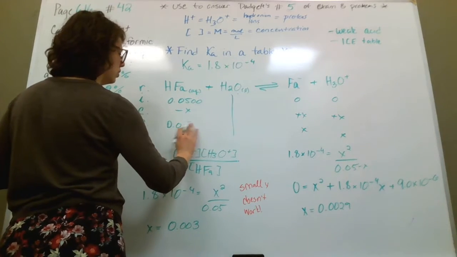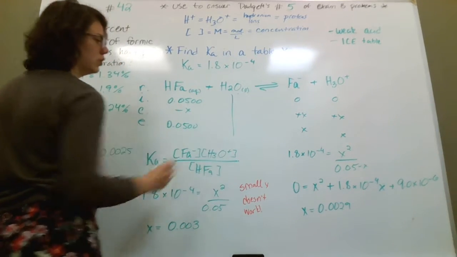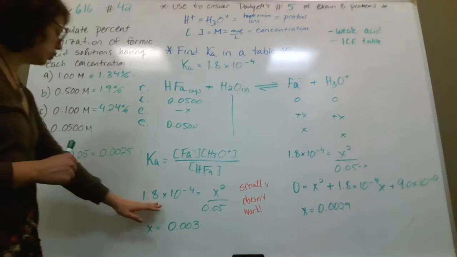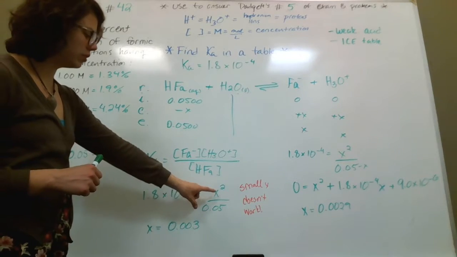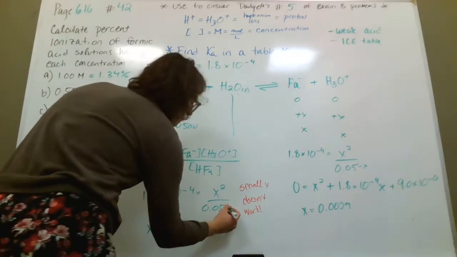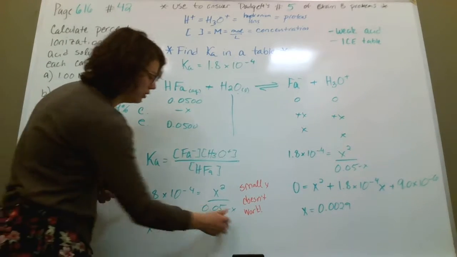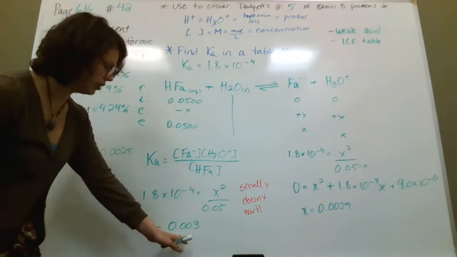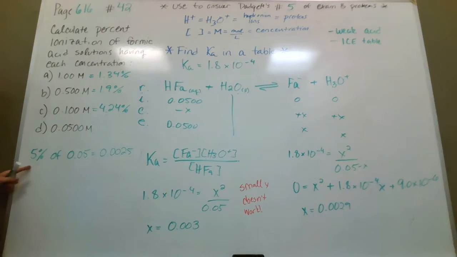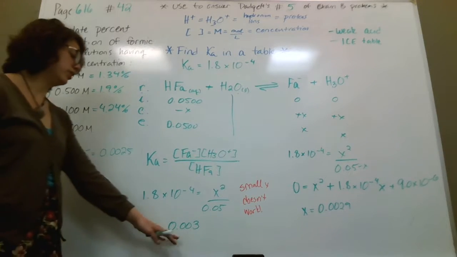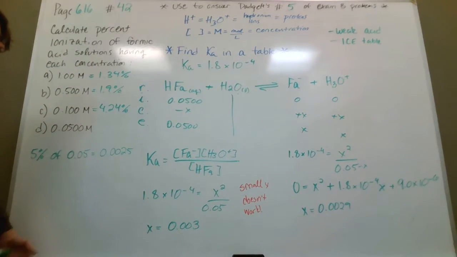So you'll get 1.8 times 10 to the negative 4 equals x squared over 0.05 minus x. And then if you use a small x approximation, you'll get 0.003. And unfortunately, 5% of 0.05 is less than 0.003. So we can't use our small x approximation here. We'll have to go through the quadratic equation.